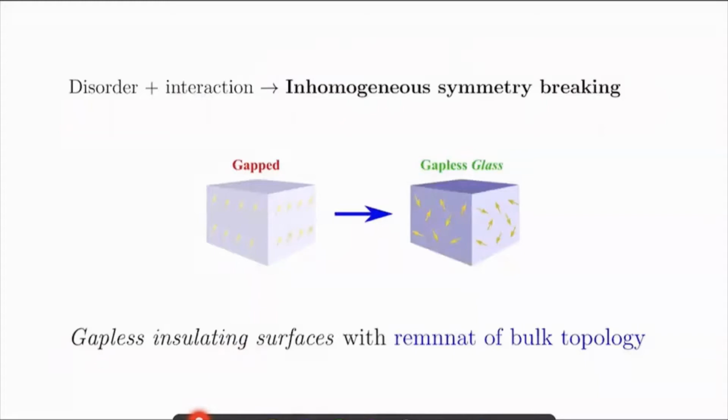However, the surface still contains some characteristics that can be viewed as a remnant of the bulk topology, which can help future experiments to identify new topological quantum material even when both disorder and interaction cannot be negligible.